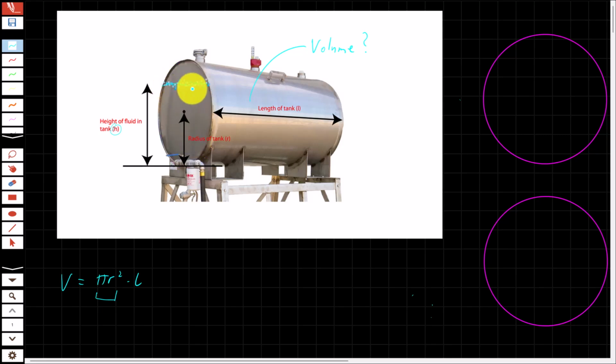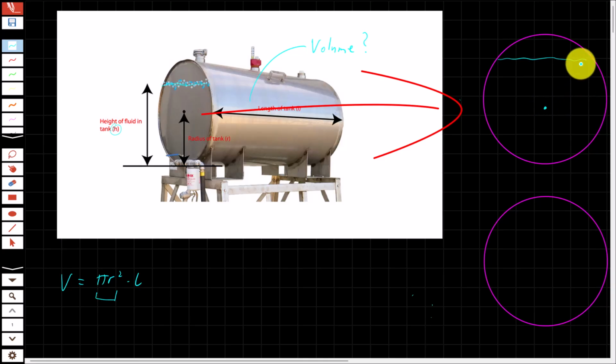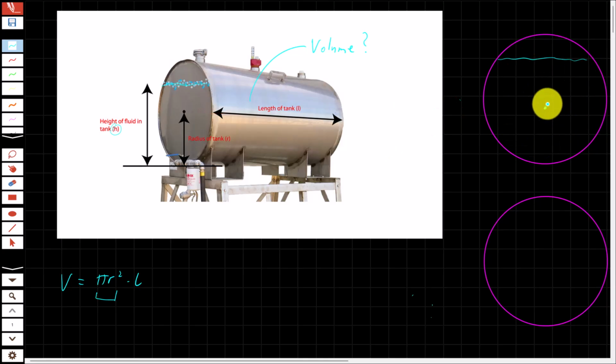But because it is not completely full, we need to tackle this problem differently. So if I draw the end of the tank here, we have the level of fluid inside it there. We have a radius center point of the tank there. If we were to draw lines out to the edge, it would be R. So we can see we've broken the section of the water that we need to calculate the area for into a triangle and a section here.